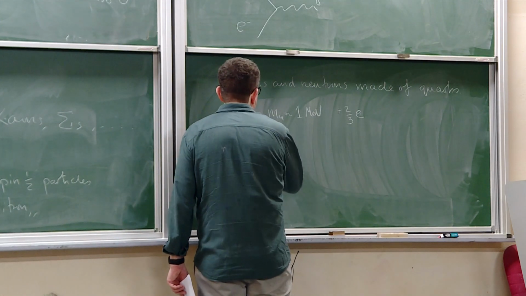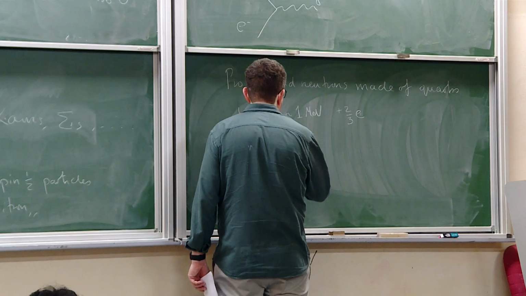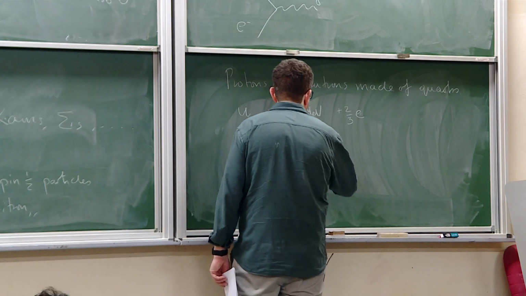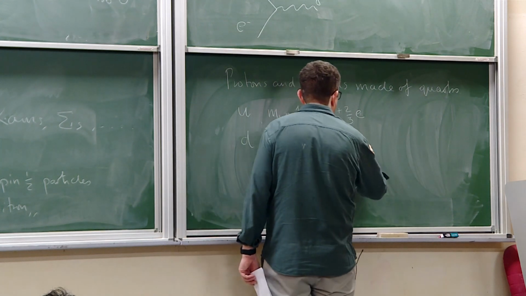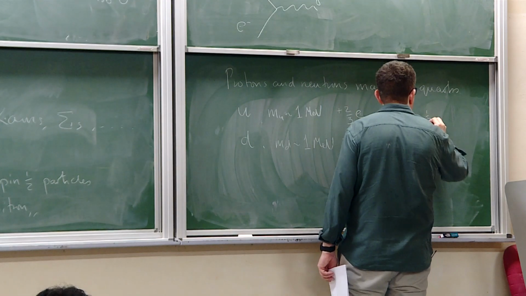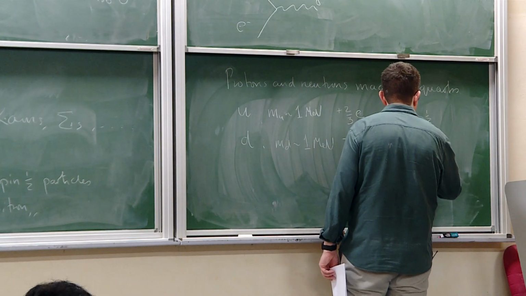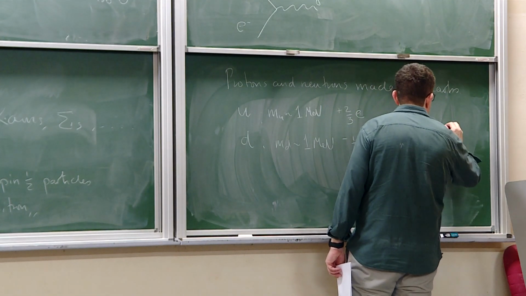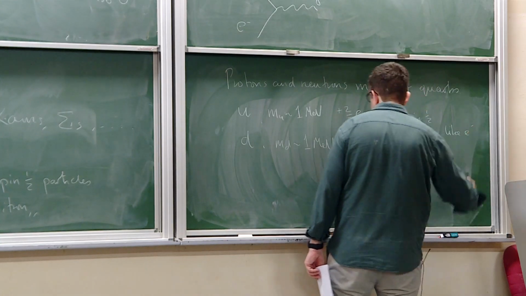And then the down quark, also approximately, and these are also spin-1/2 particles, like electrons, okay?